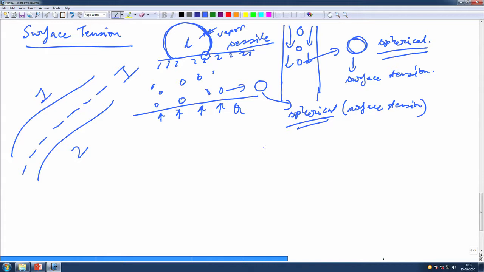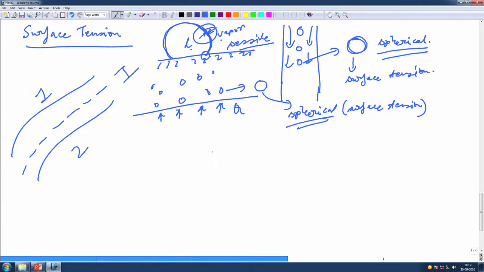Here we have taken an arbitrary kind of interface. It is a liquid vapor interface and it is often marked with a level of discontinuity. That means across this droplet, this is liquid, this is vapor, there is a density jump across this interface. So, many of the properties undergo a sharp jump.